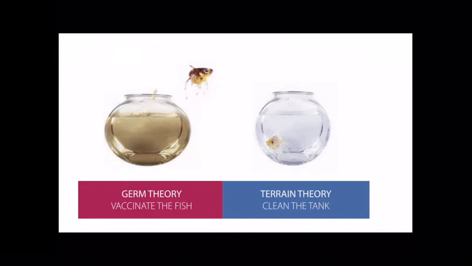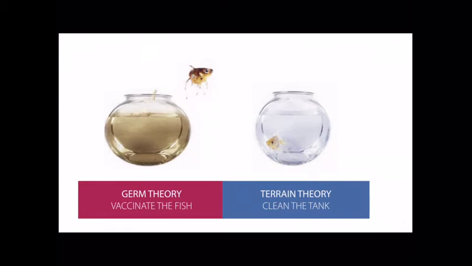So germ theory tells us that microorganisms cause disease. Terrain theory, an alternate theory to germ theory, tells us that it is the medium that is important in whether or not a disease is going to thrive, or whether or not a microorganism can live in that tissue.